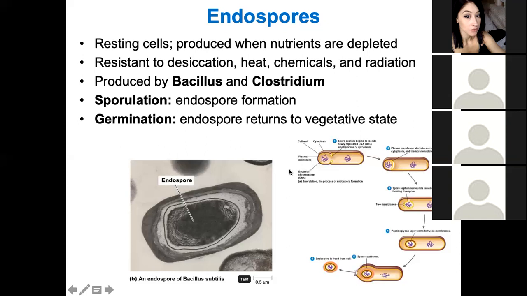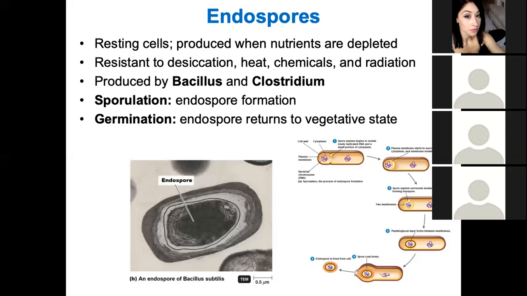Now, endospore means spore inside. This is to distinguish it from things like the fungi, which produce spores which are dispersed to the outside, and they're built on the outside. Endospores are actually specialized bacterial cells, and they are not reproductive cells. Normally, a bacterial cell grows, and when it reaches a certain size, it divides equally and produces two daughter cells, which then increase in size.